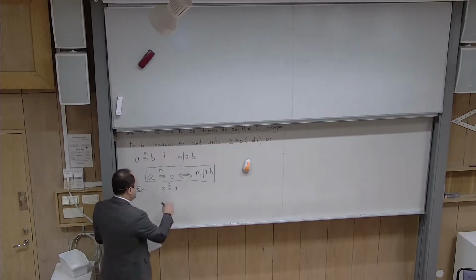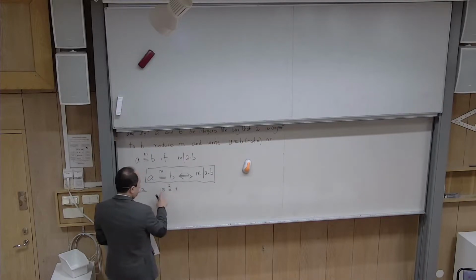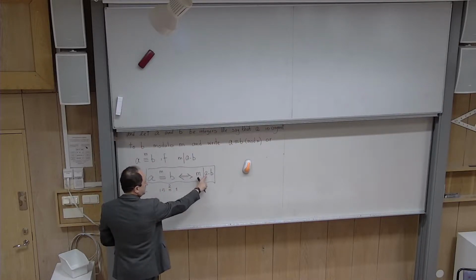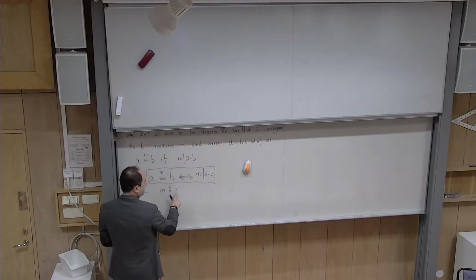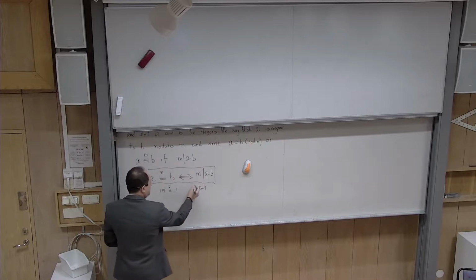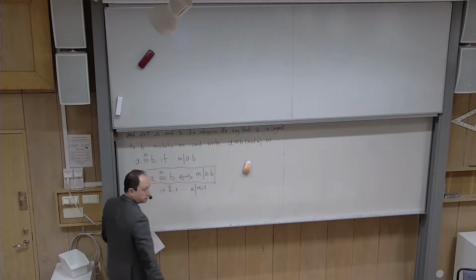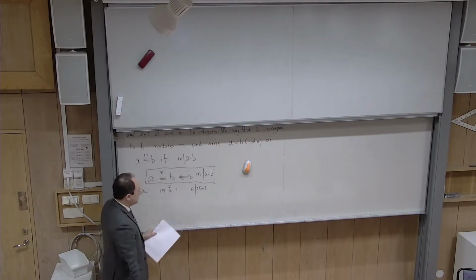So is it true here or false? If this is going to be true, this means that the number on the left minus the number on the right should be divisible by the number on top here, which in this case is 2. Yes? So is this true or false?